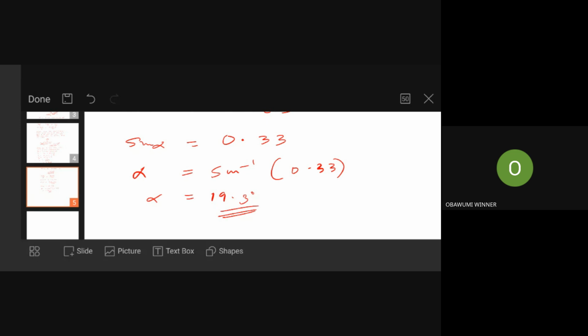So we've been able to solve for the resultant force. If I sketch this diagram again, I'll have something like this. This angle is 19.26, which we said is 19.3.